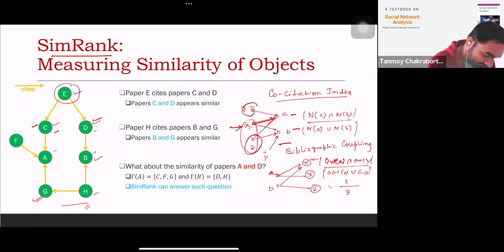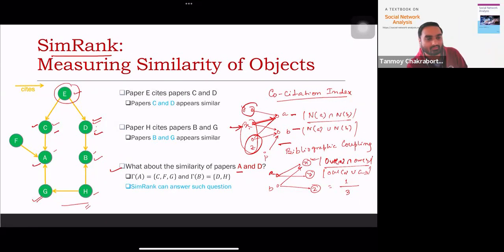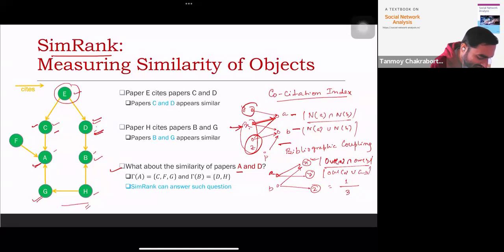Let's take this example. There are two papers again, A and D. A and D are not directly cited by any papers, or A and D are not citing other papers directly. A is cited by E, F, and C, but D is cited by E. In that case, how do you define the similarity between A and D?